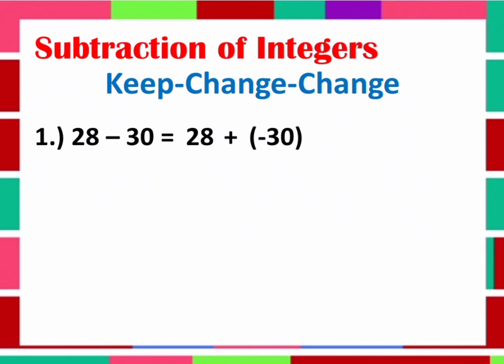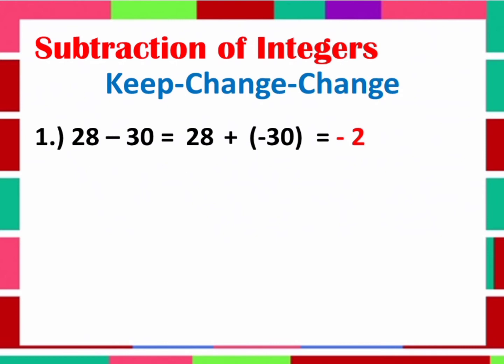So, what is the answer? Yes, it's negative 2. Why negative 2? Because 30 minus 28 is equal to 2. And 30 is greater than 28, so copy the sign of 30. So, it will become negative 2.